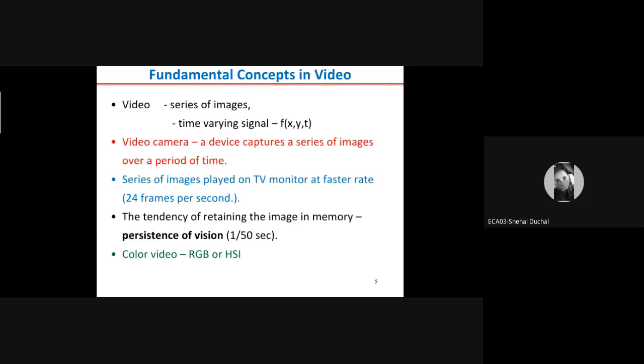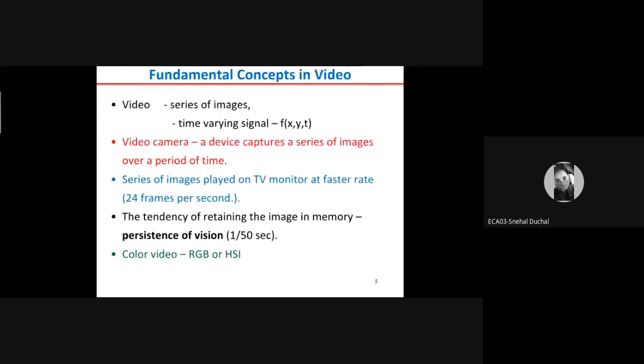Similarly, in video processing, the video can use two different types of models: one is the RGB model and another is the HSI model.